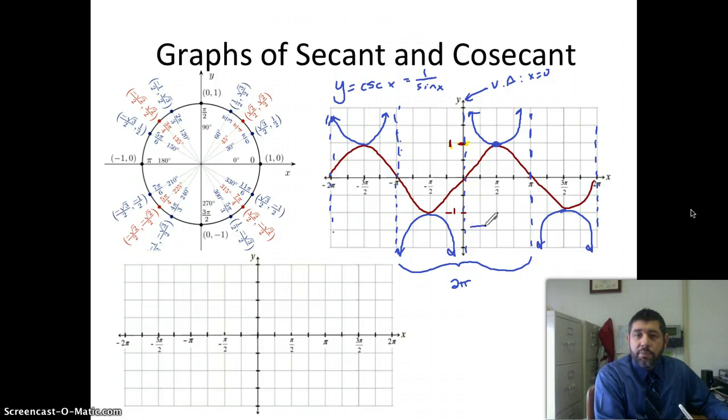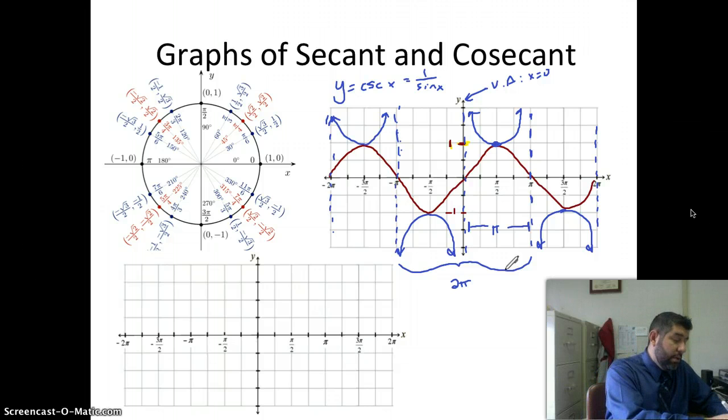However, the distance between any two vertical asymptotes is pi. So when we're changing the period, we have a different b in one of the examples. We're just going to look at the difference between the vertical asymptotes so that we can change them just like we changed the tangent and cotangent in the previous video.